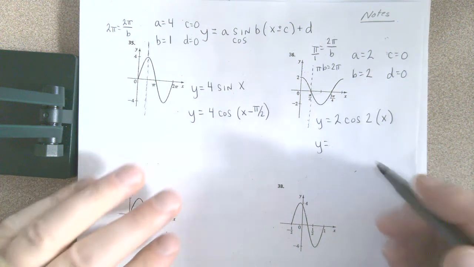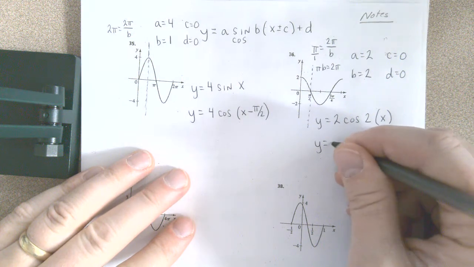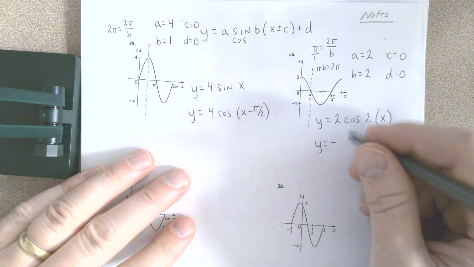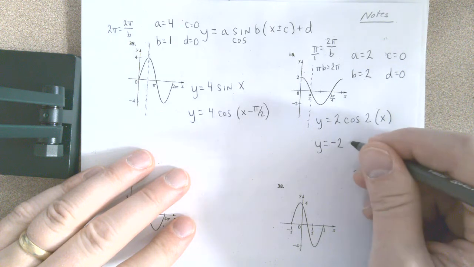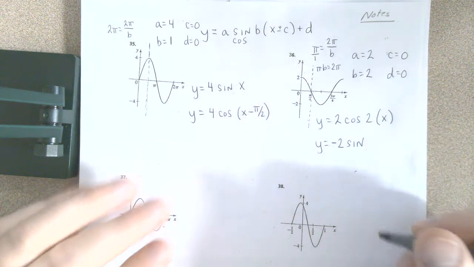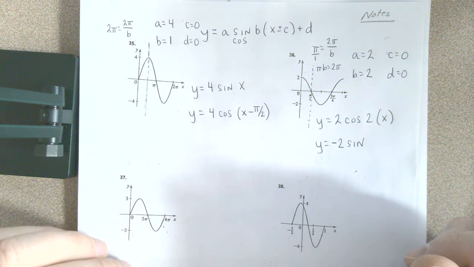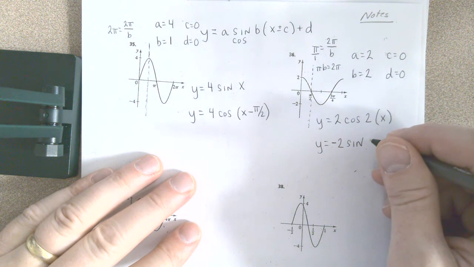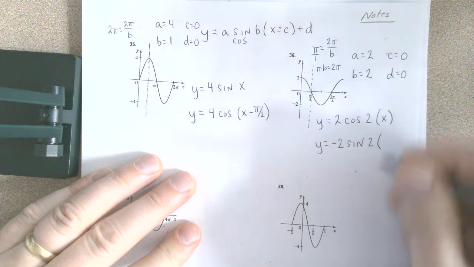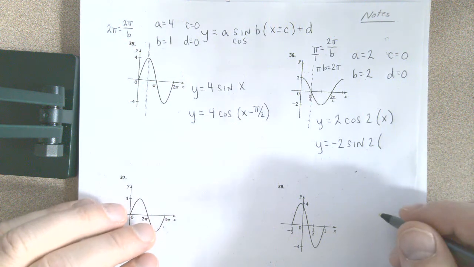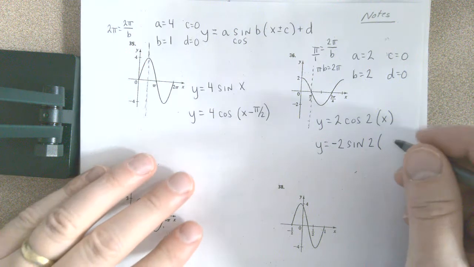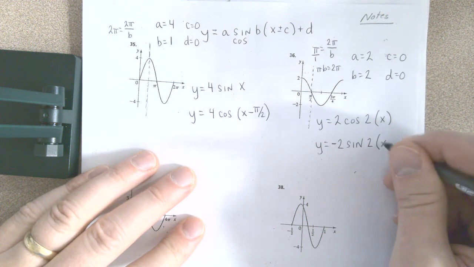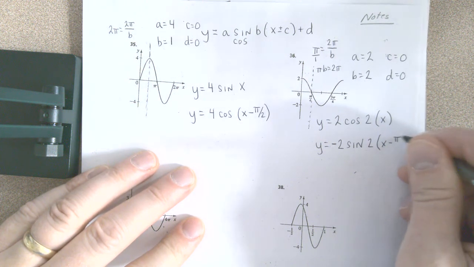So that tells me that I have a reflection here. So minus, again, my amplitude is still 2. Our b value is still 2. I've shifted it over to the right pi fourths, so that would be x minus pi fourths.